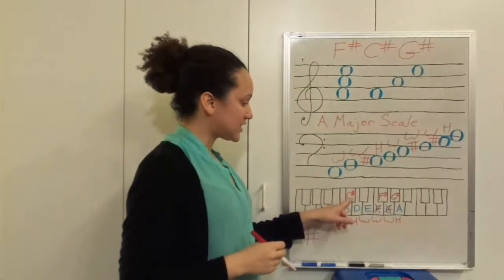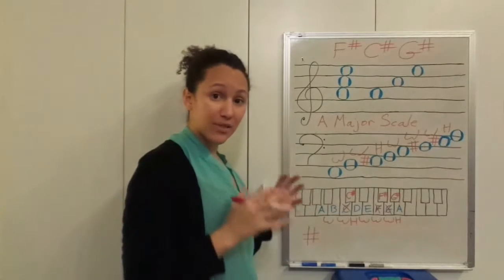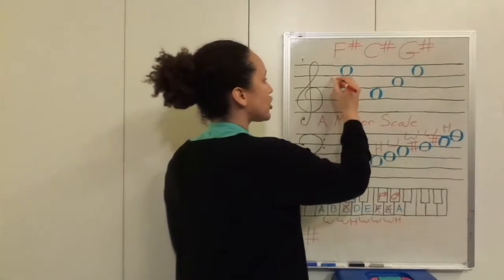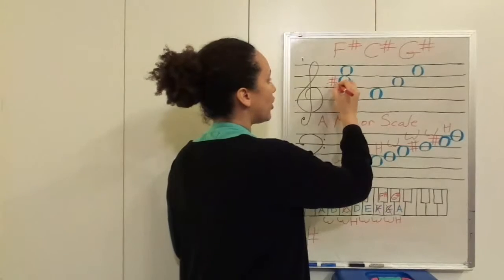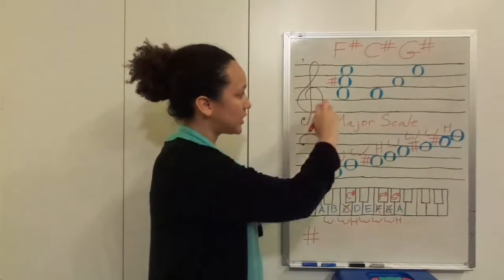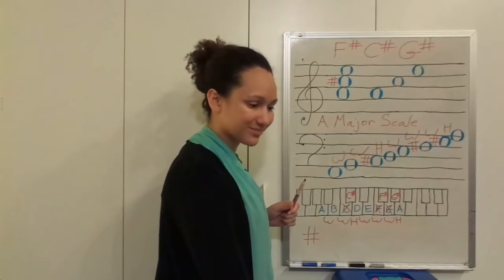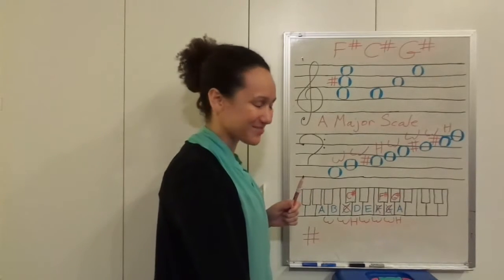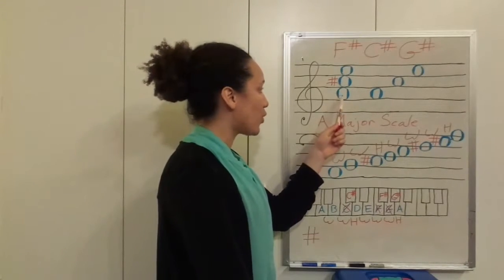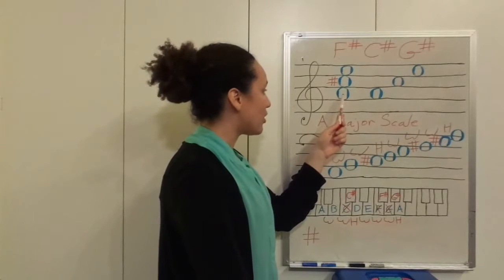Now, because the C is sharped, when we play the chord, we actually have to sharp it as well. So all of the C's get sharped. So here's our chord. There we are. This is blocked or harmonic all together.